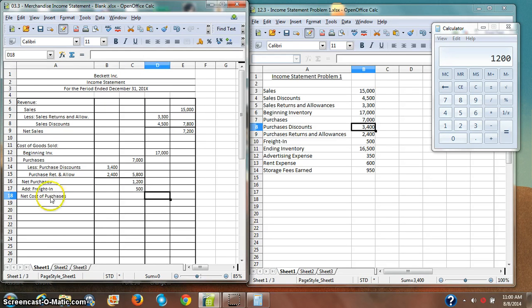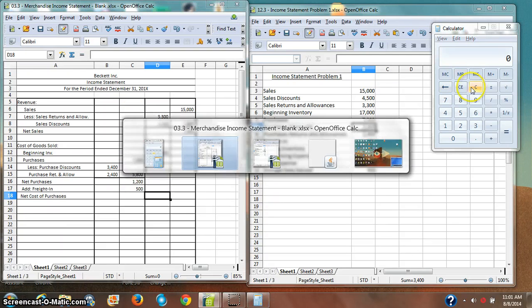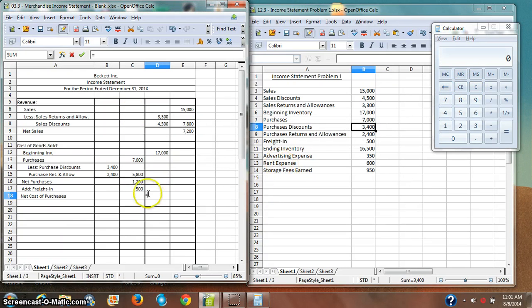I'm going to put this in this next column over. I'm going to add my 1,200 to my 500. It's going to be 1,700. $1,700 there. Net cost of purchases.